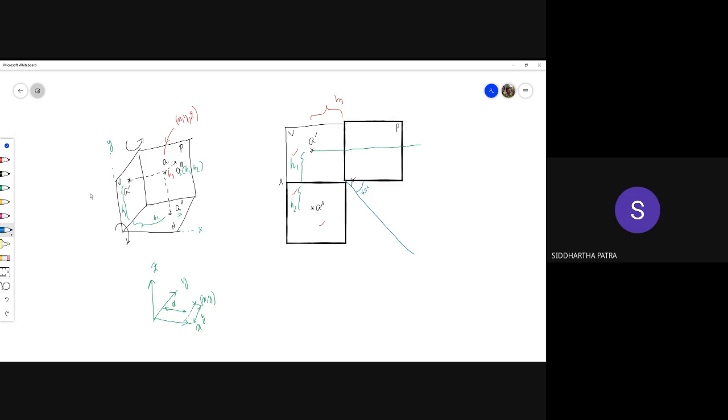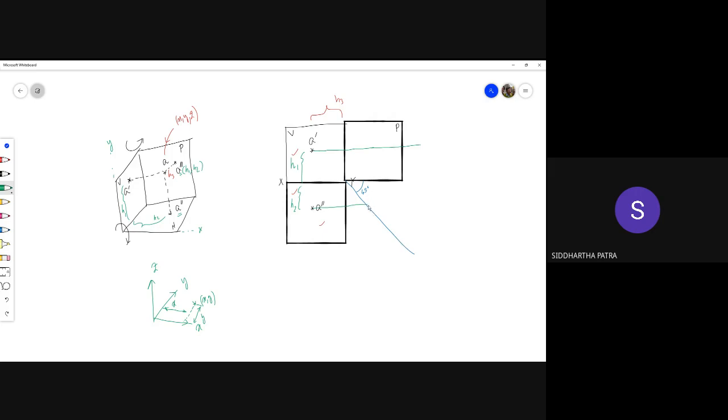And then from A double prime, you can draw a horizontal line, or a line along the x-axis, which would intersect this 45-degree line somewhere.